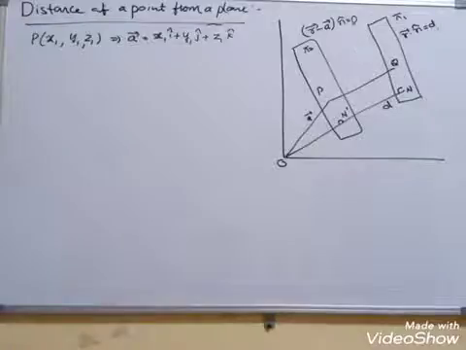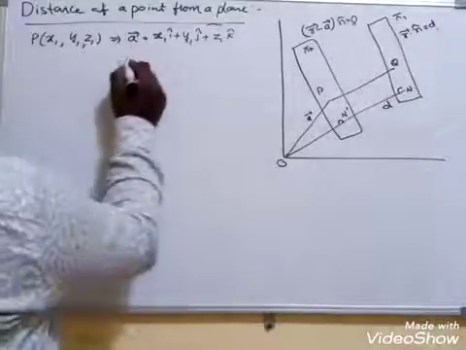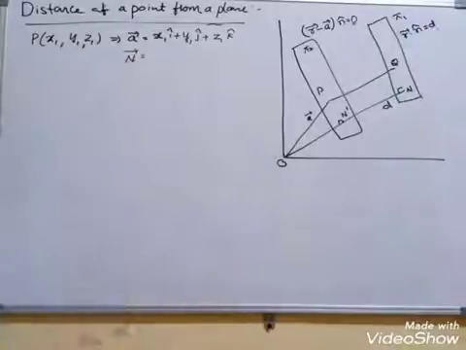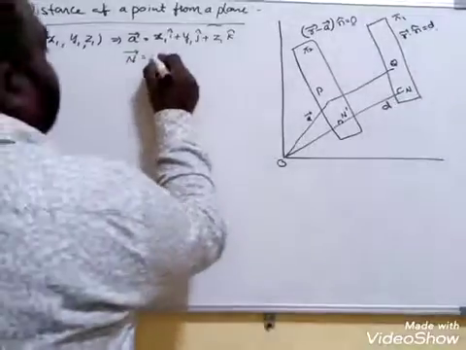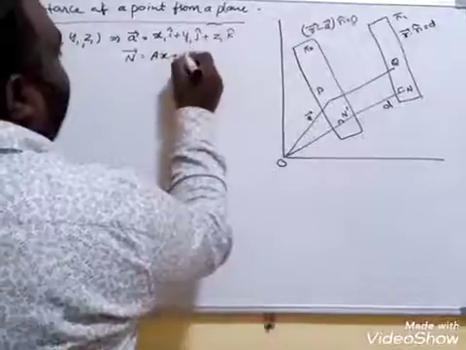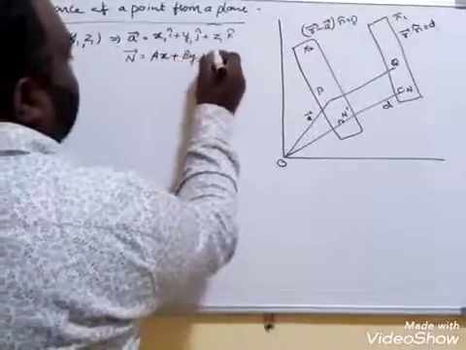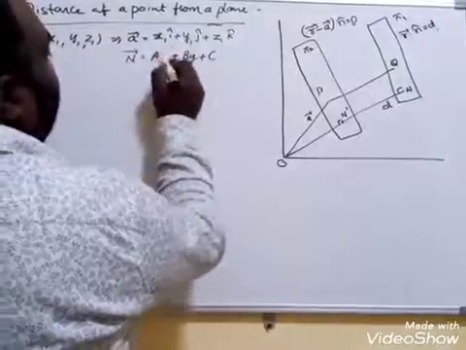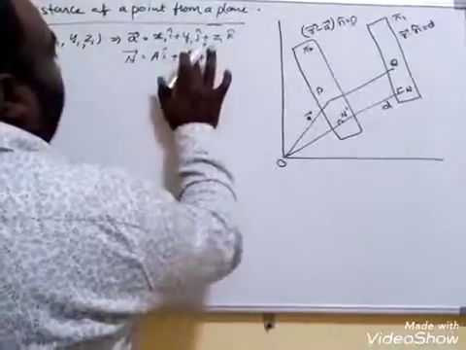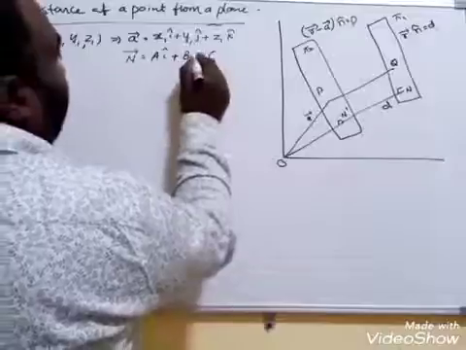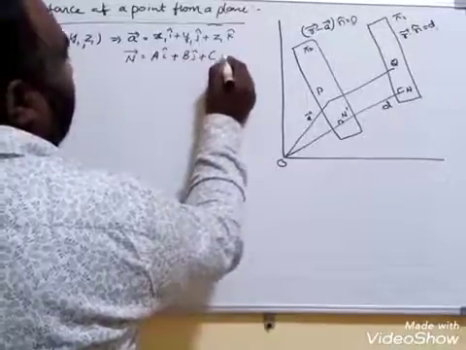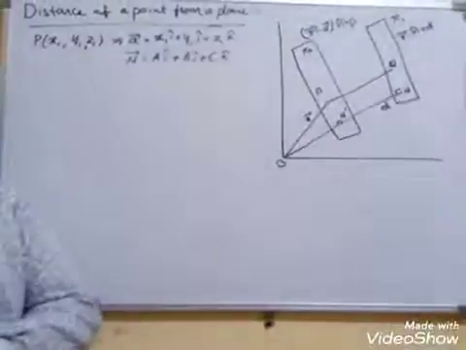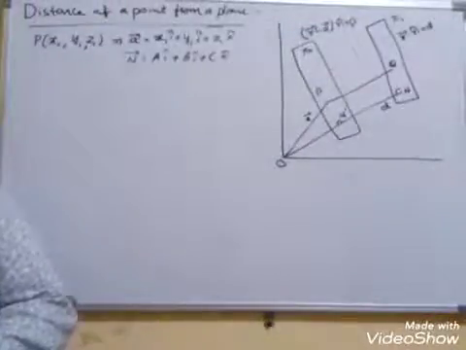Normal vector n bar is equal to a i plus b j plus c k. We are taking a i plus b j plus c k as the normal vector.